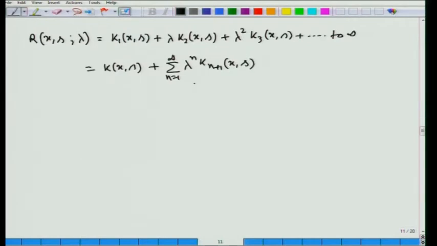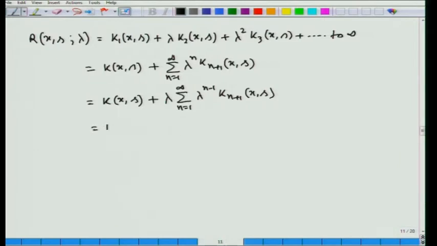So, the rest of the part is written under the summation notation, and now if you take one lambda outside the summation, this will be K(x, s) plus lambda sigma n equal to 1 to infinity lambda to the power n minus 1 K_(n+1)(x, s). Now, when you substitute n equal to 1, the first index of lambda is going to be 0.